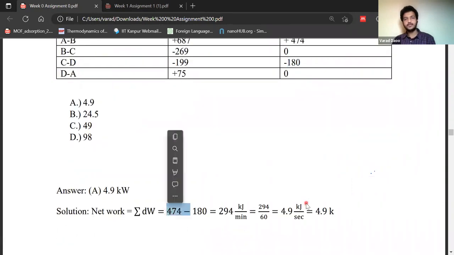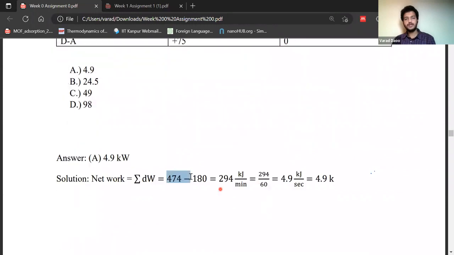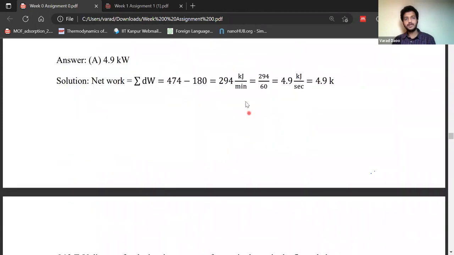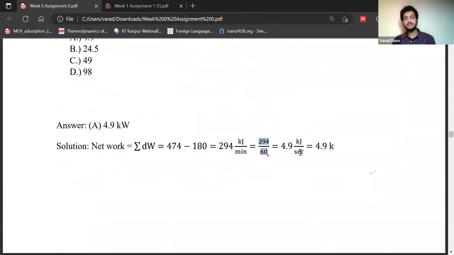So minus 180, which is 294 kilojoule per minute, but as we are asked in kilowatt, we divide by 60 and we get kilojoule per second, which is nothing but kilowatt. So W is missing here, it should be kilowatt. Okay, 4.9.